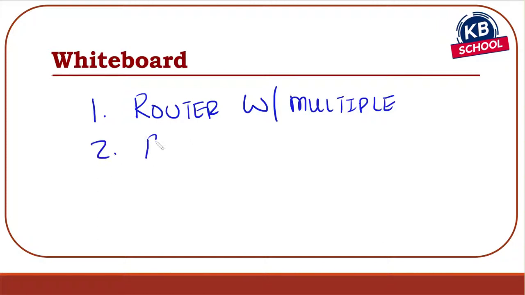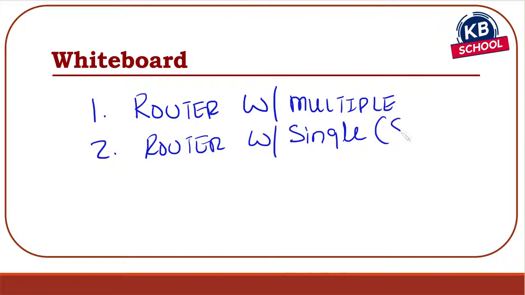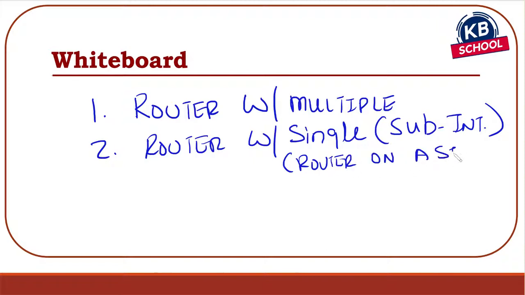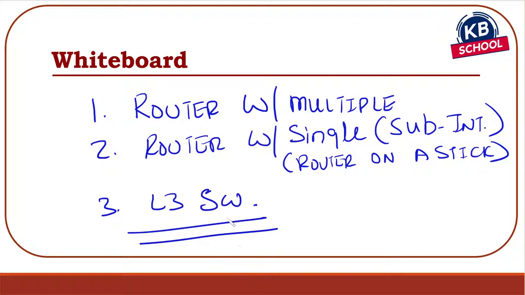The other one was a router with a single interface, using sub-interfaces. This is also the one I called router on a stick configuration. And the third way was using an L3 switch, a switch with layer 3 functionalities. Nowadays, the most common implementation of inter-VLAN routing is a layer 3 switch, especially in a new campus.